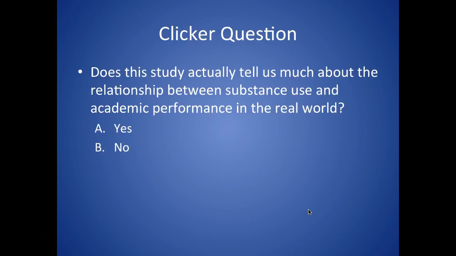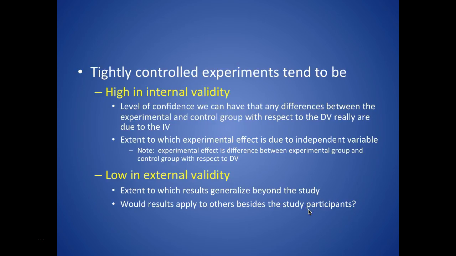The answer to that is no. If you have a really tightly controlled experiment, even if you find differences, you get what they call high internal validity, which means that you have a level of confidence that the differences observed between experimental and control groups with respect to the dependent variable, like the math scores, really are due to smoking the marijuana, the independent variable.